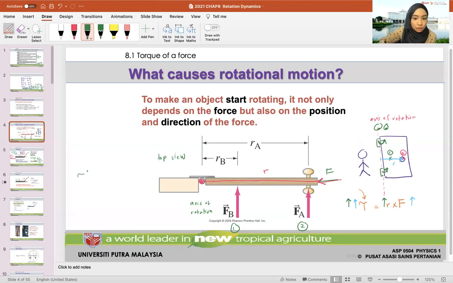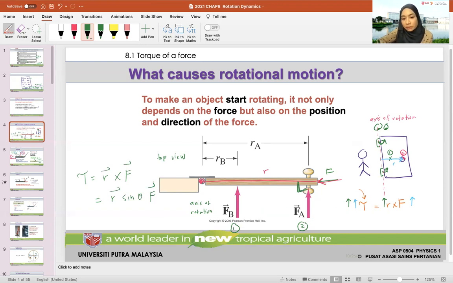Now again, torque is R cross F. When we expand it, it becomes R sine theta F. Theta is the angle between R and F. These are two vectors. So in this case, we have 90 degrees.